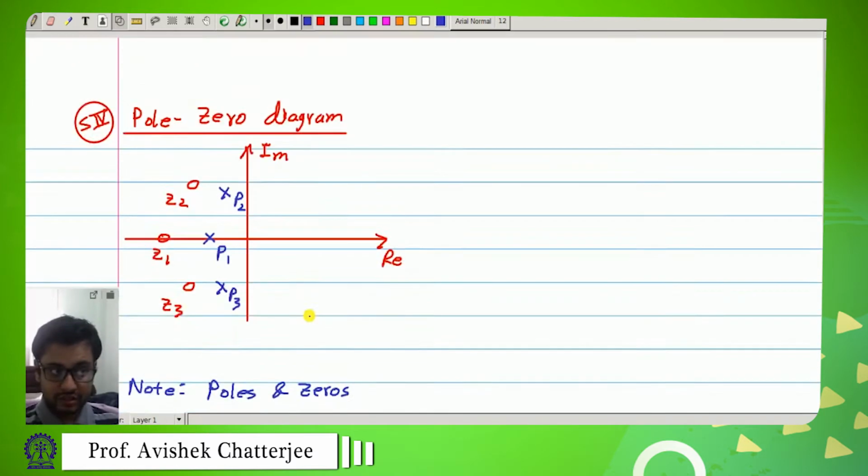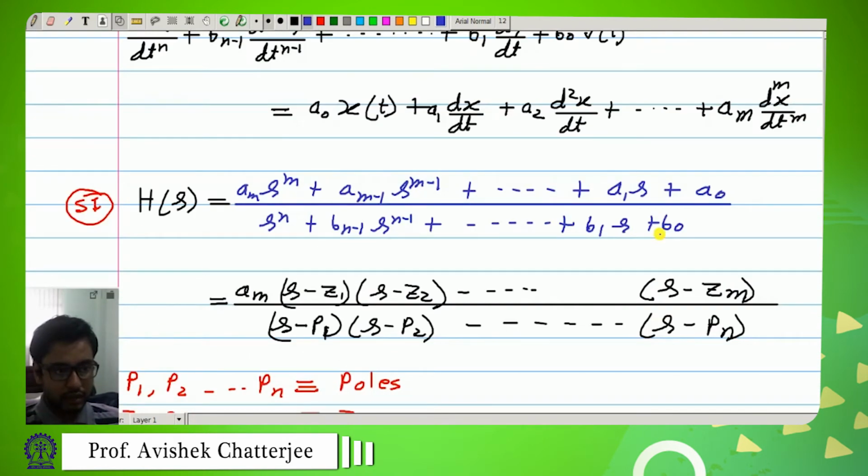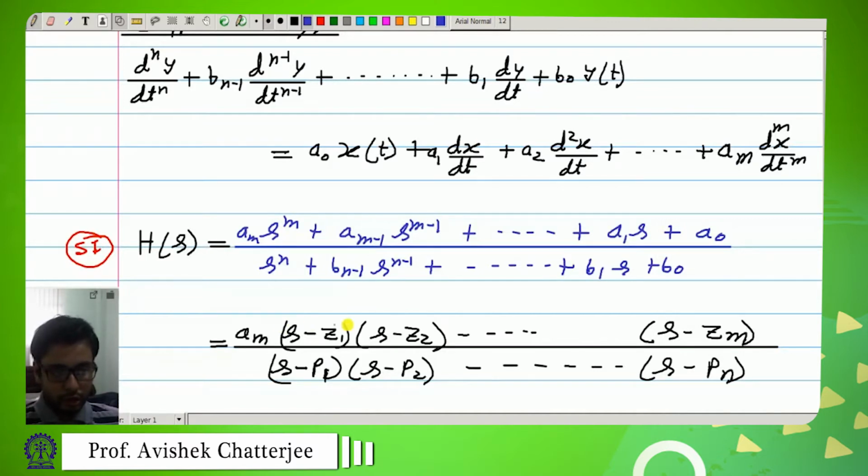Why is this so? Look here, if these zeros occur as complex conjugate pairs, like Z1 and Z2 are complex conjugates, then when you multiply S minus Z1 and S minus Z2, you will get a quadratic polynomial, something like S square minus or plus some AS plus B, where A and B will be real if Z1 and Z2 are complex conjugates.